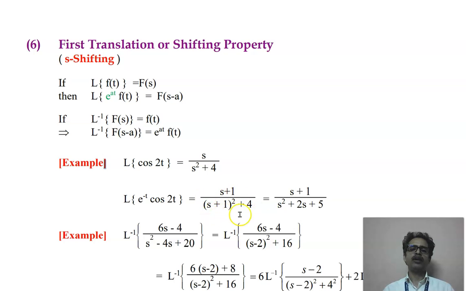You can see that this is a function of s plus 1 because a is minus 1 in the property, and no doubt you can simplify this.